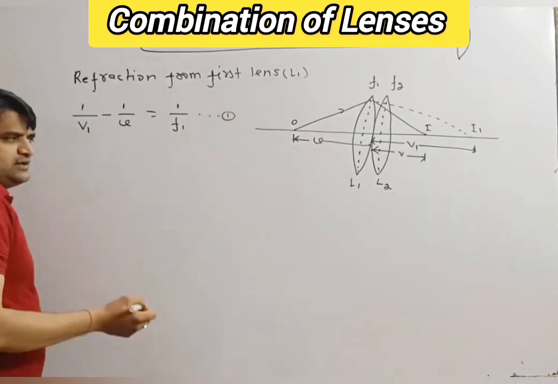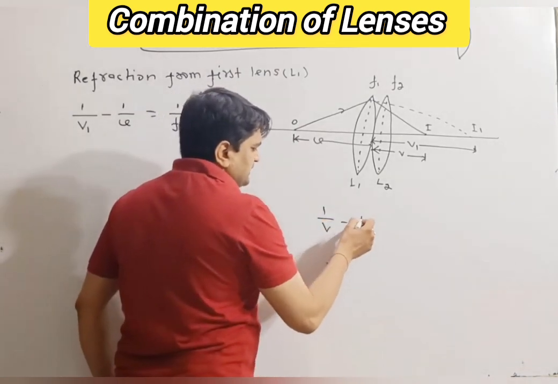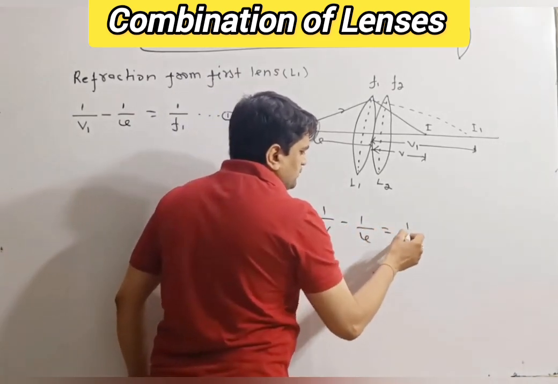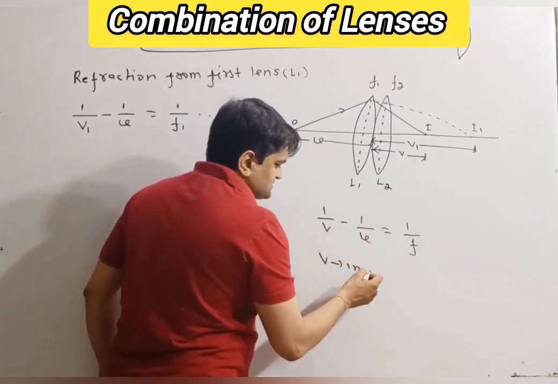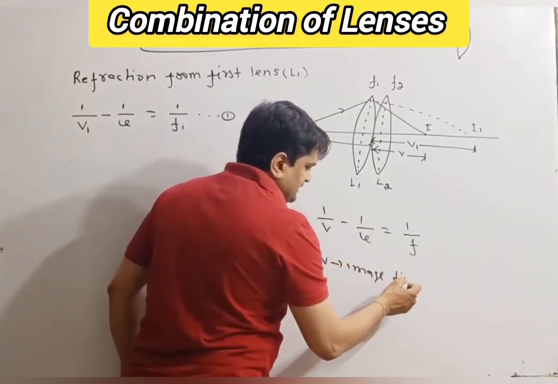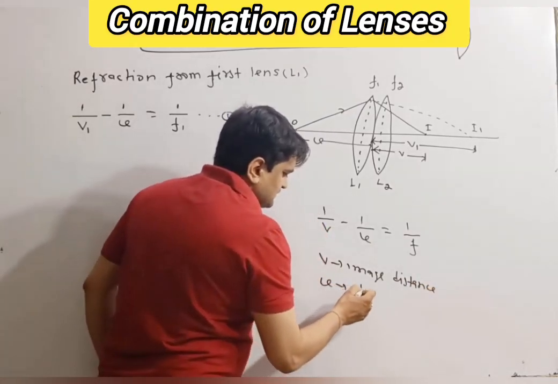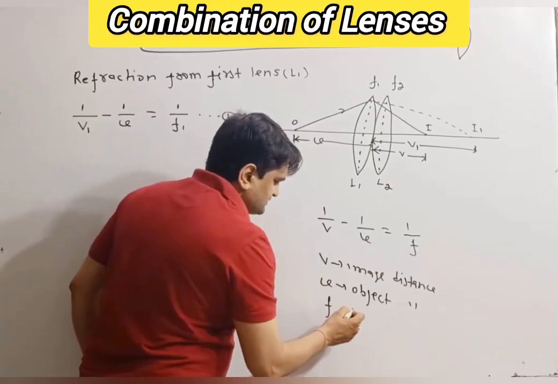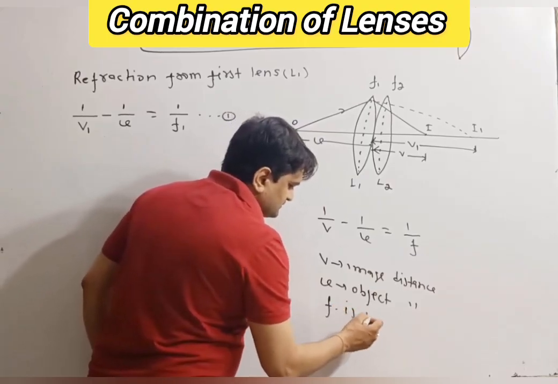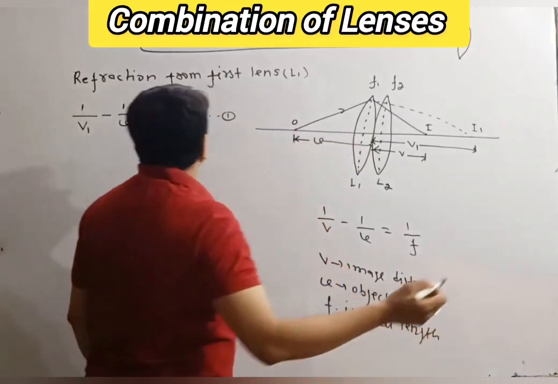Equation number 1. We are just using the lens formula, 1 upon V minus 1 upon U equal to 1 upon F, where V is image distance, U is object distance and F is focal length. This formula we have already derived.